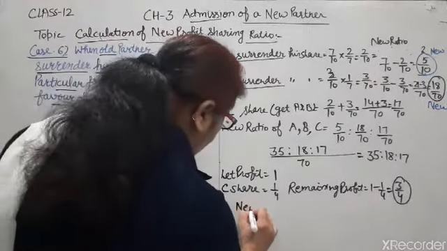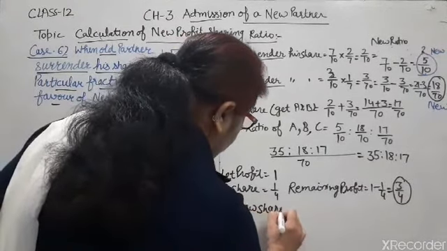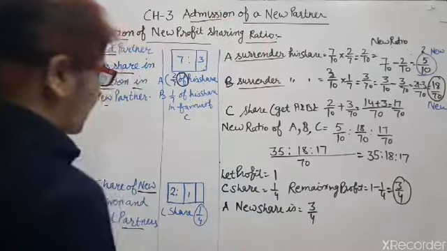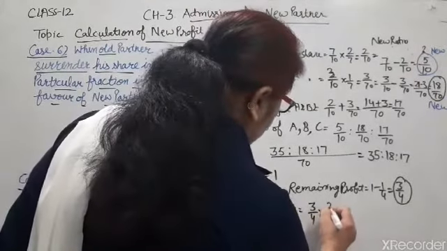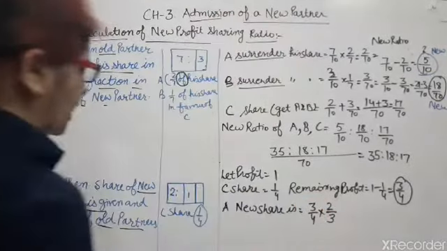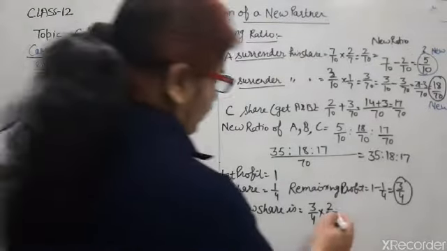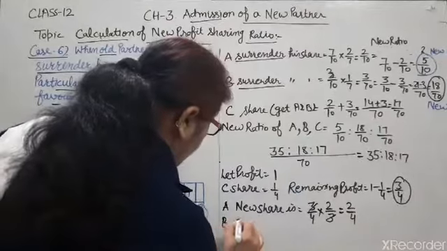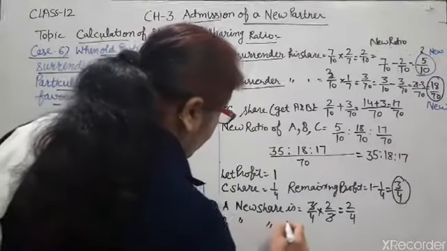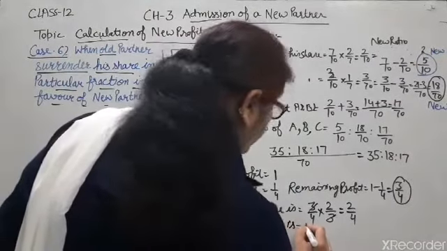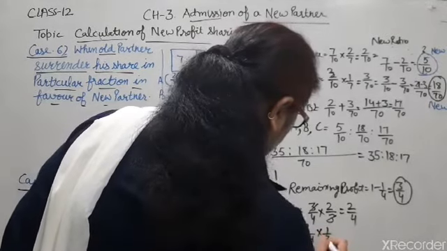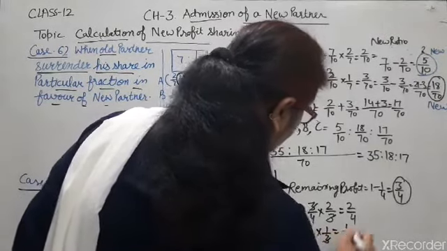Then A's new share is 3/4 multiplied by 2/3, which becomes 2/4, and B's new share is 3/4 multiplied by 1/3, that means 1/4.